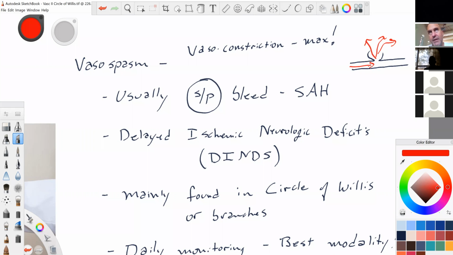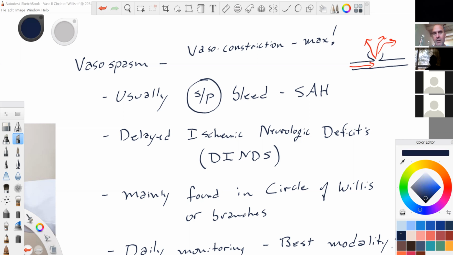And the original bleed, the blood first getting out of the brain, is not what kills you. It's blood that's on the brain, that's been there for a day or two or three, and then it starts to coagulate, it starts to break down. The breakdown products really have negative consequences.